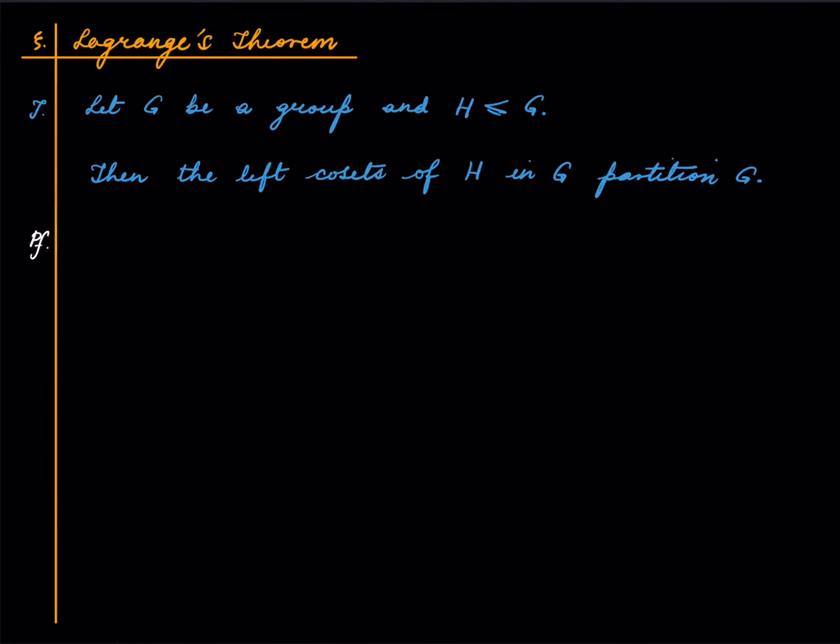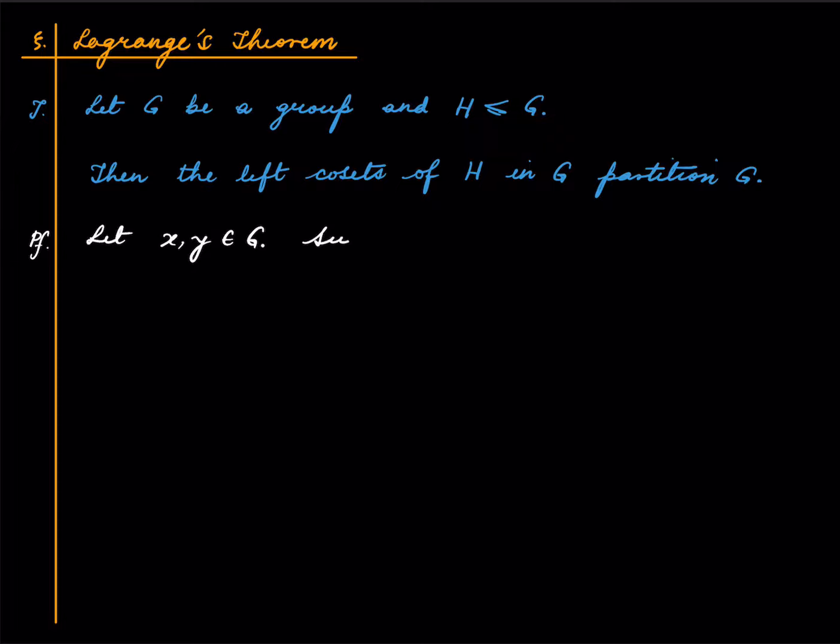And now we can prove Lagrange's theorem. So it says that two left cosets are either equal or they are disjoint. That's basically the theorem. All right. So let x and y in G be arbitrary, and so we have corresponding left cosets, xH and yH. And suppose they are not disjoint.